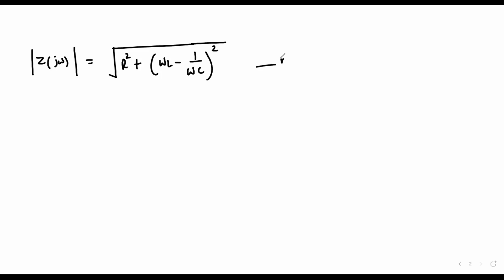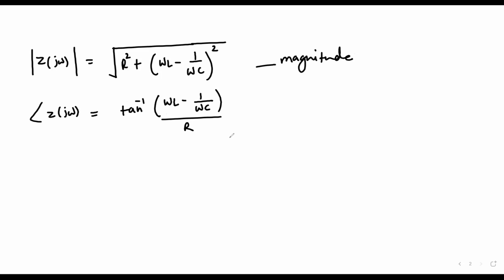So that's your magnitude, right? And the angle of Z of j omega would be written as tangent inverse of the imaginary part divided by the real part.